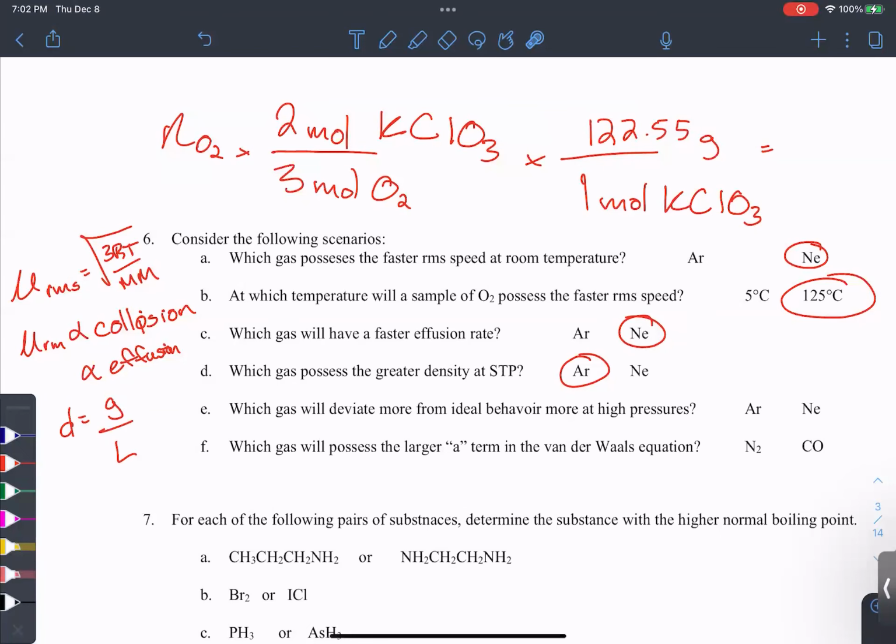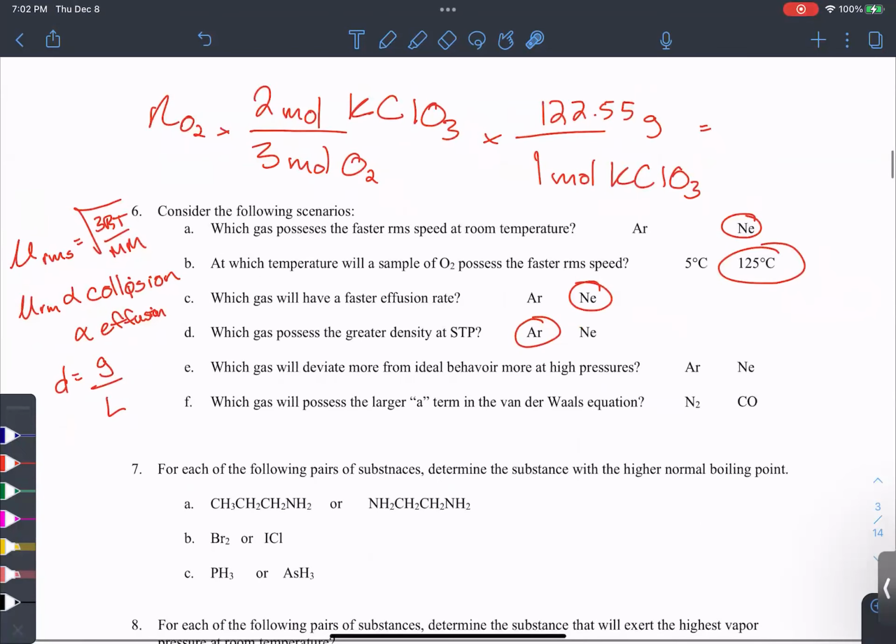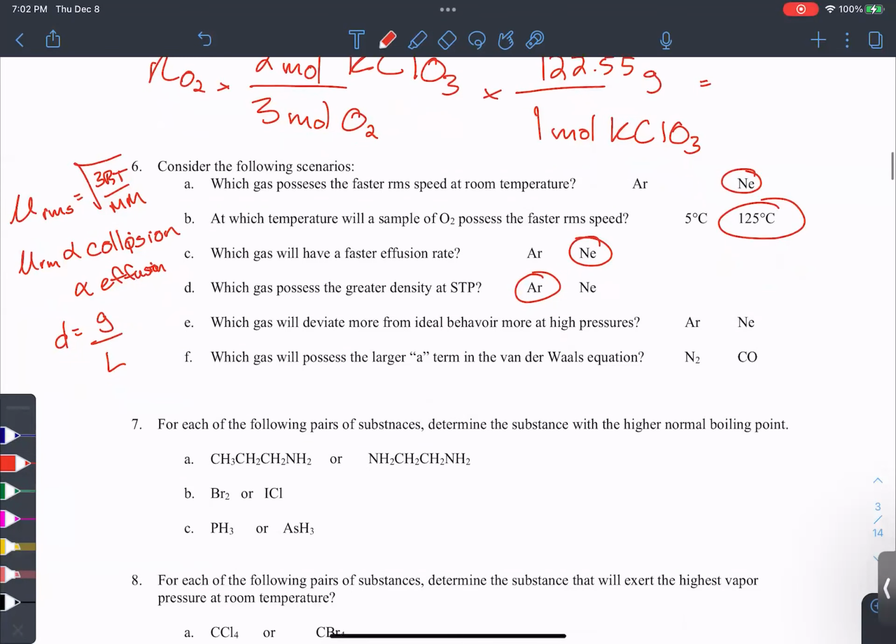Yes, okay, good. Which gas will deviate more from ideal behavior at high pressures? What do we think? So at high pressures, which term, remember our van der Waals equation. We have this A term and the B term. So the A term is related to what? Attractions. B is related to size.